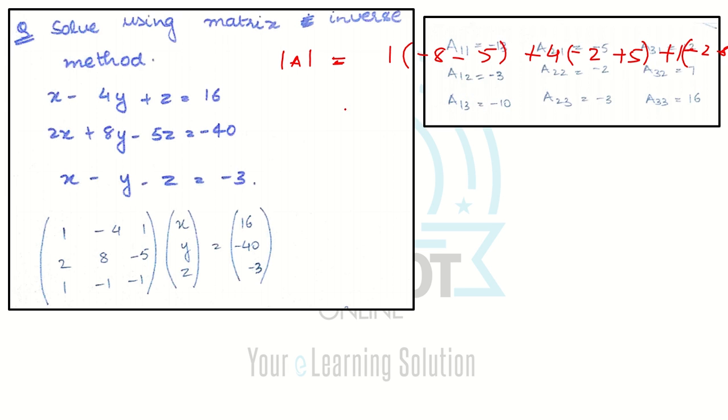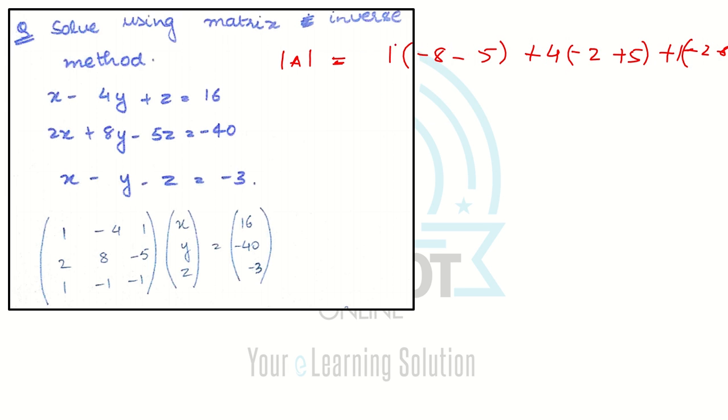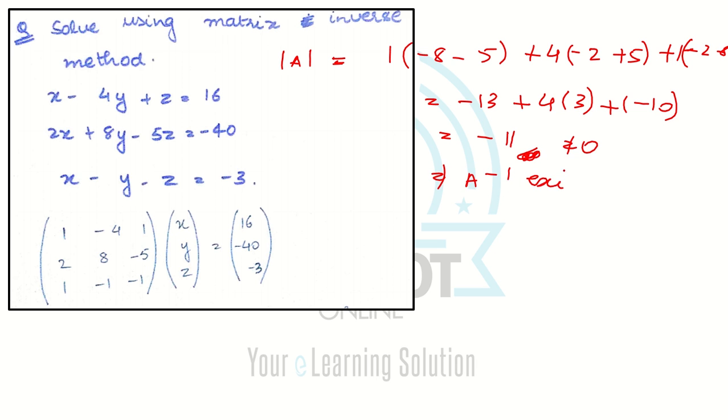Okay, which in this case is going to be equal to minus 13 plus 4 into 3 plus minus 10. Okay, which is equal to minus 13 plus 12, which is minus 1, minus 10, which is minus 11. Okay, so this is clearly not equal to 0, which implies that A inverse exists.